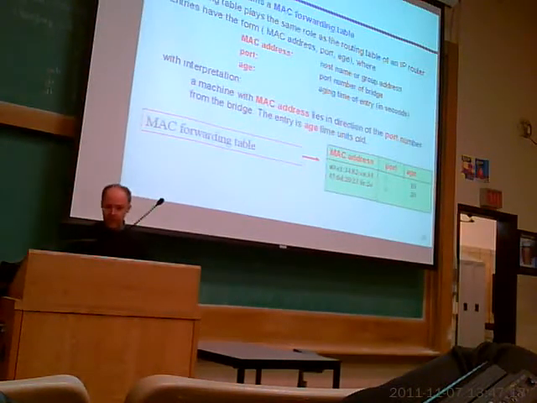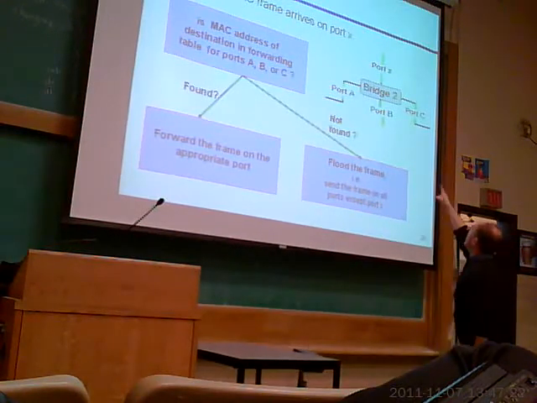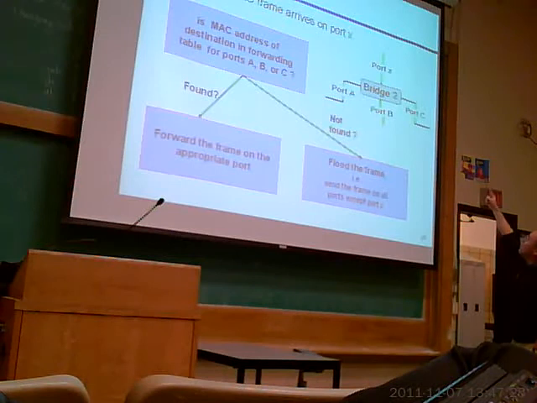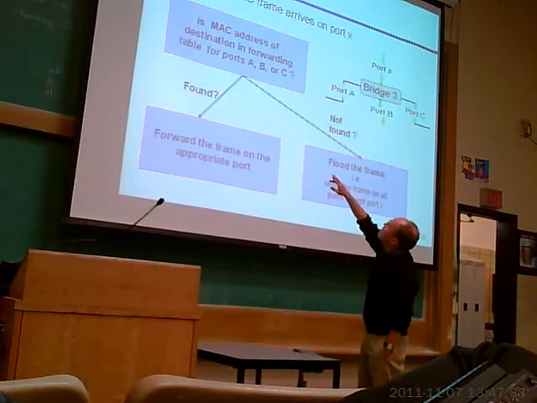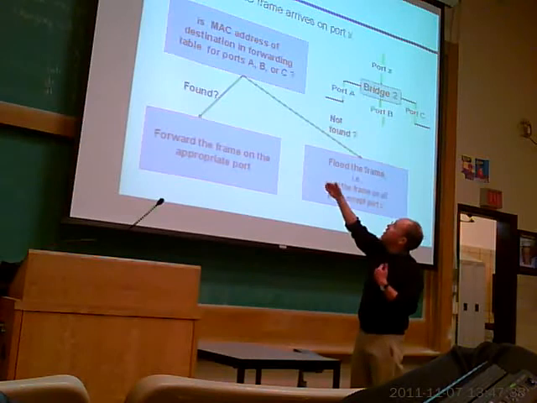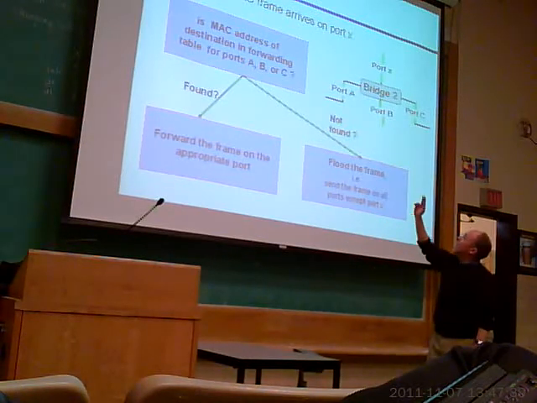So this is described here. Assume a MAC frame arrives on a port. This is a bridge here with 4 ports. Let's suppose something arrives on port number X. Now the bridge makes a lookup of the MAC address of the destination. Is the MAC address of the destination in the forwarding table for port A, B, or C?